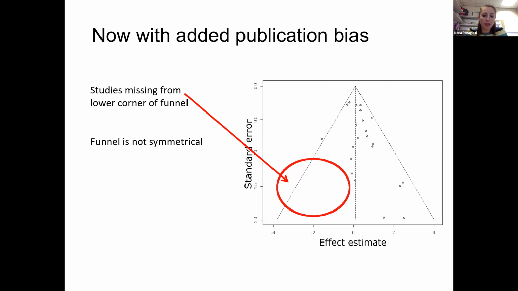I have seen worse cases, to be honest, funnel plots that are completely asymmetrical. But still, in this one, there are values missing from these areas of the funnel plot, which means that there might be some proportion of evidence that we don't really capture in our meta-analysis. Next slide.